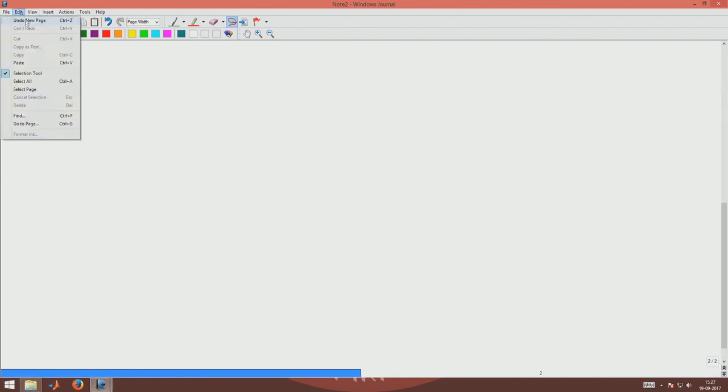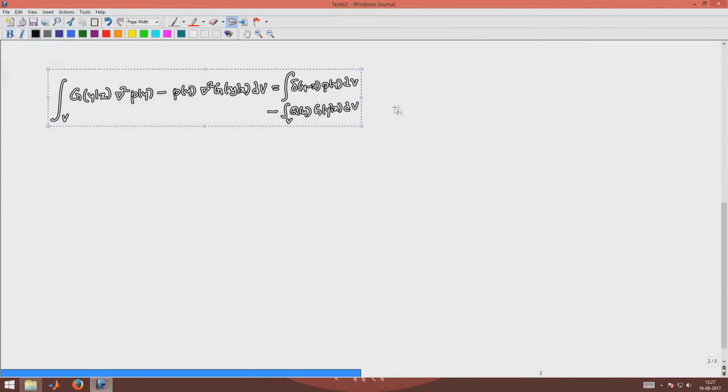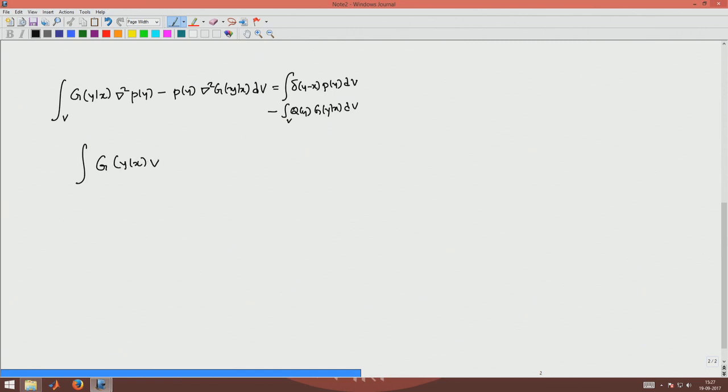So, here we have the relation which we have derived. We will have g y comma x del square p y minus p y del square g y comma x, the entire thing being a volume integral. We will also bring the other volume integral on q to the left hand side with a positive sign.